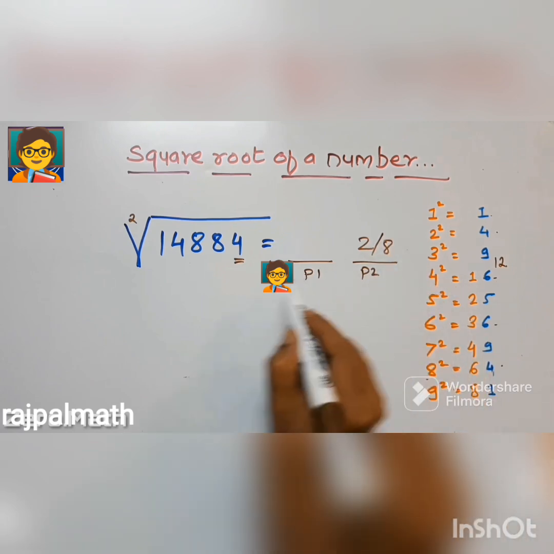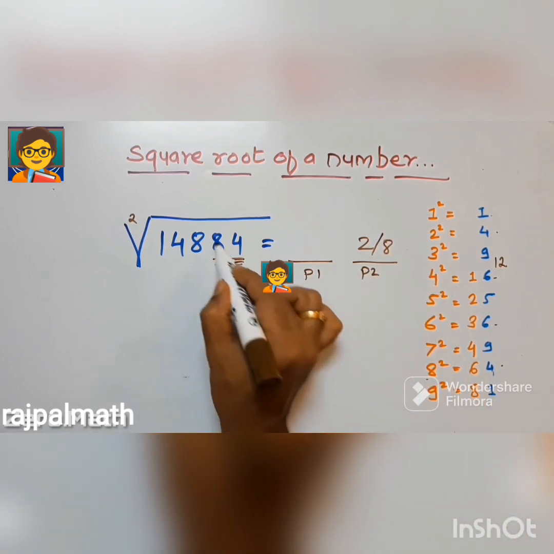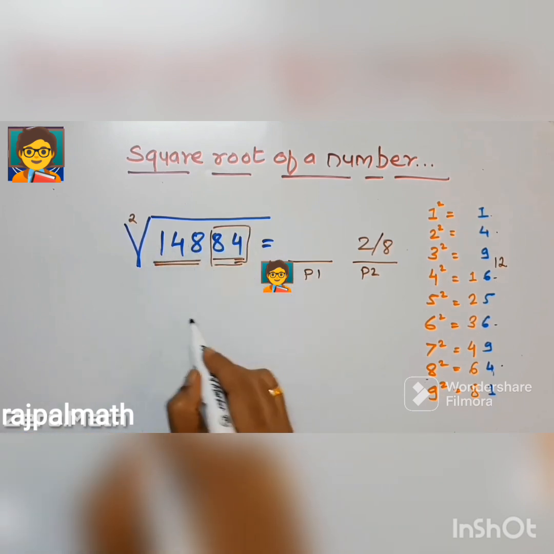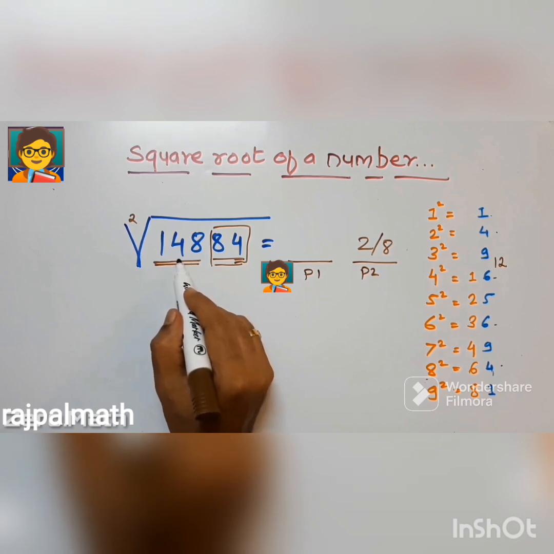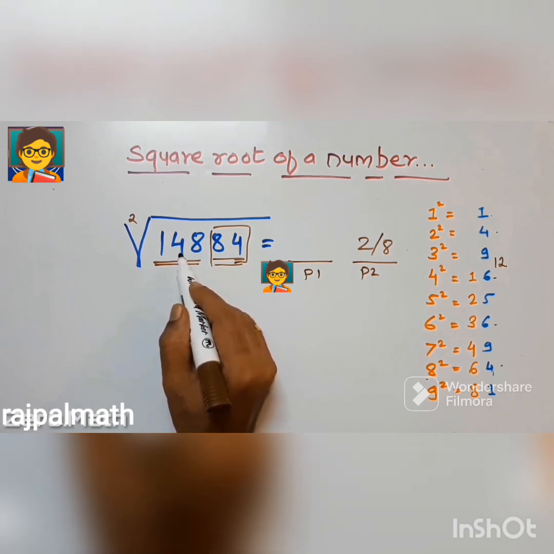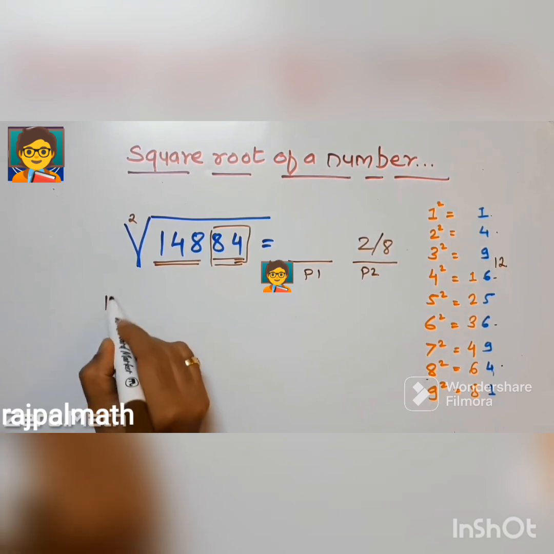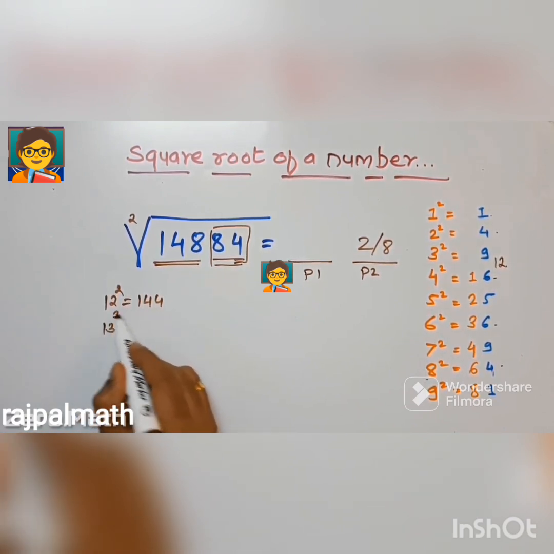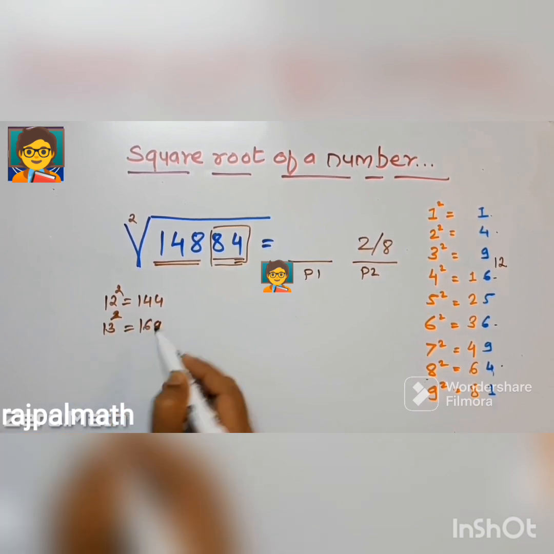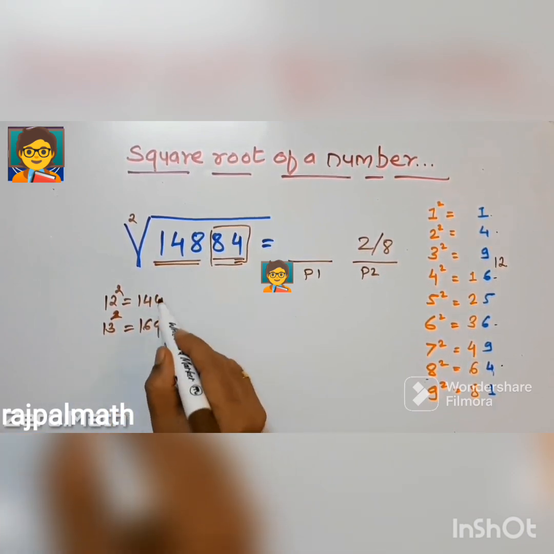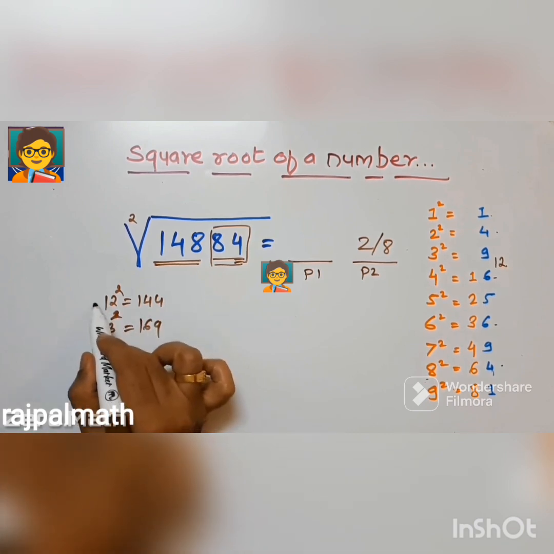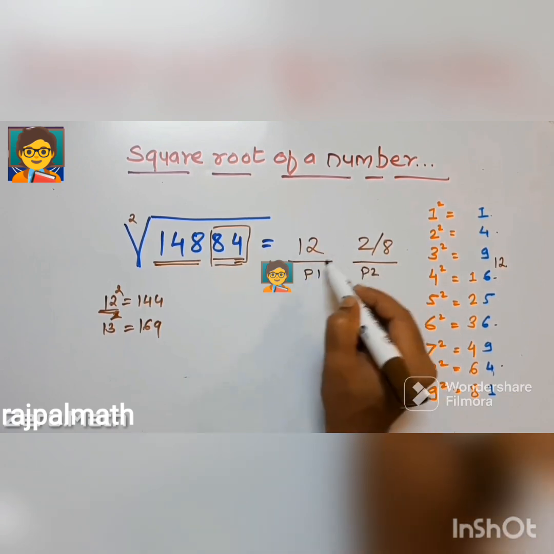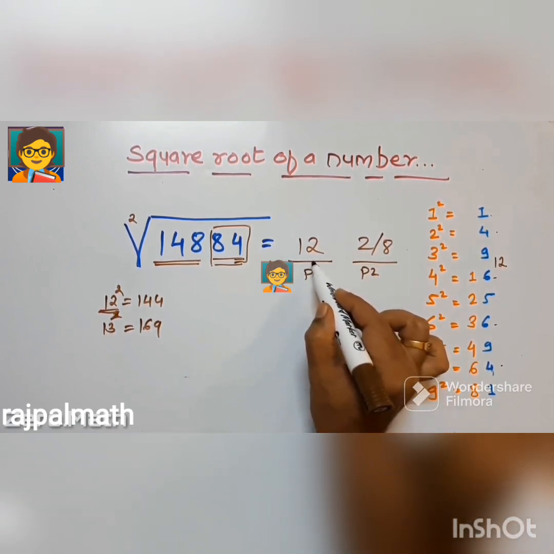To find part 1, I'll ignore these two digits and take the rest of the number, which is 148. 12 square is 144 and 13 square is 169. So 148 falls between 144 and 169. The lower digit is 12. So 12 is the first part of my answer.